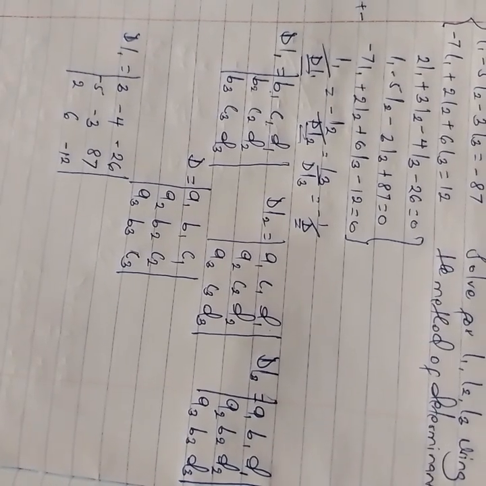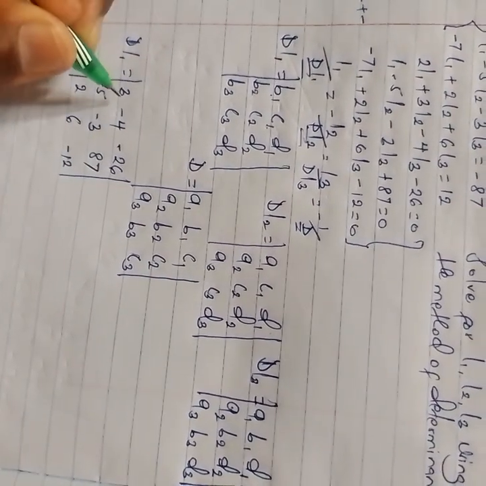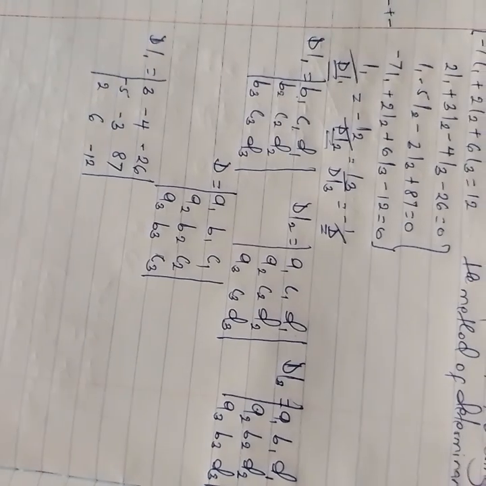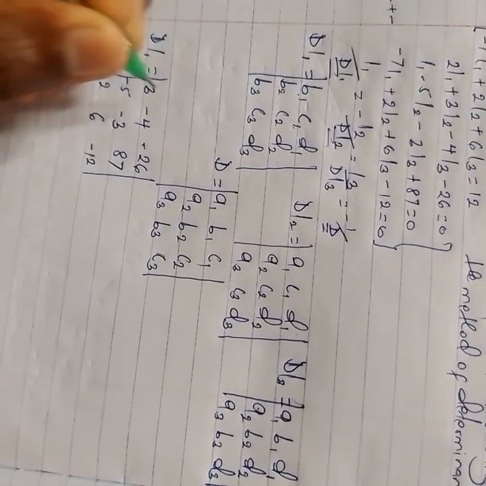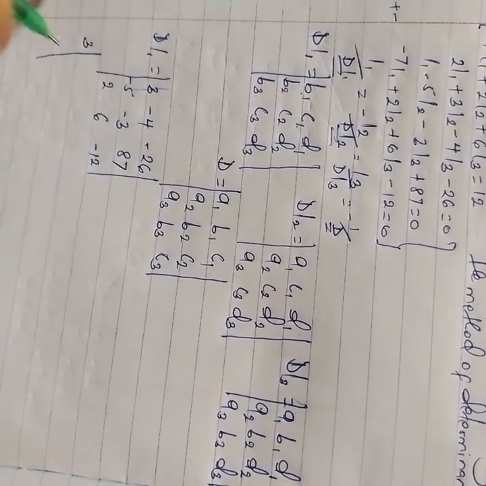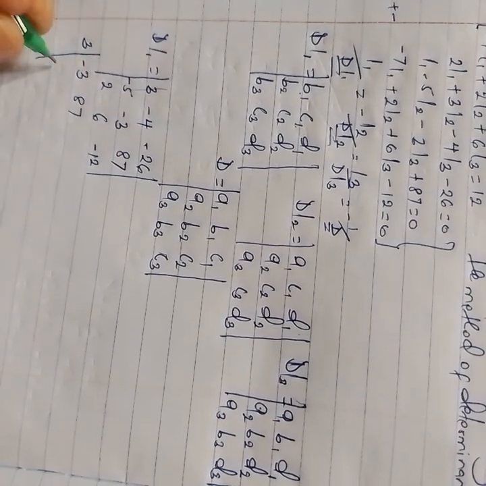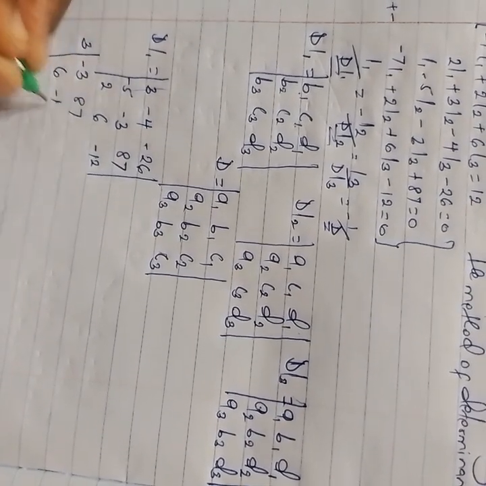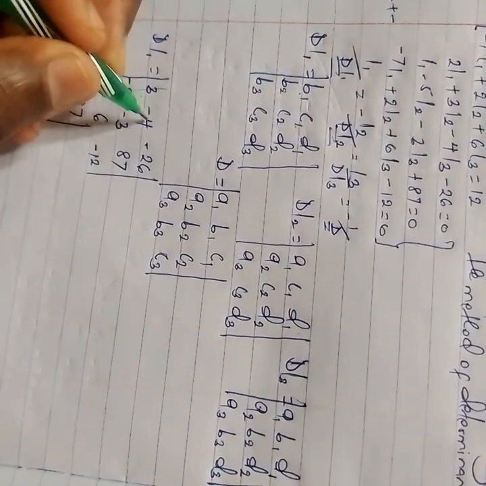And now we want to find the determinant for this one. Let's start by taking 3. It will be 3. This we cancel, we take this once. That's negative 3, 87, 6, negative 12. That's for 1. Again we move to negative 4.